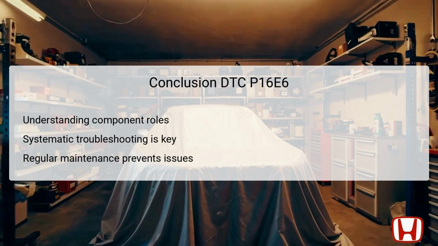Regular maintenance should not be underestimated in averting potential failures, with wiring integrity and the condition of the transmission range switch at the forefront of these efforts. By following the outlined steps, both immediate issues can be rectified and future complications averted, ensuring the vehicle operates efficiently and safely.